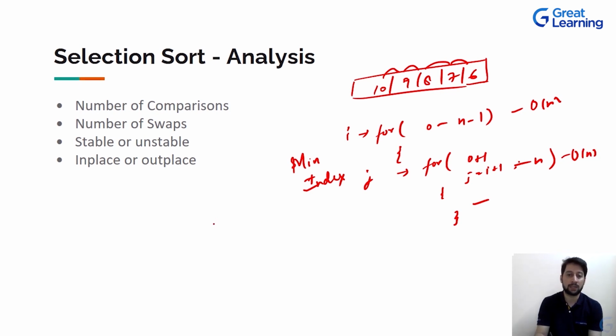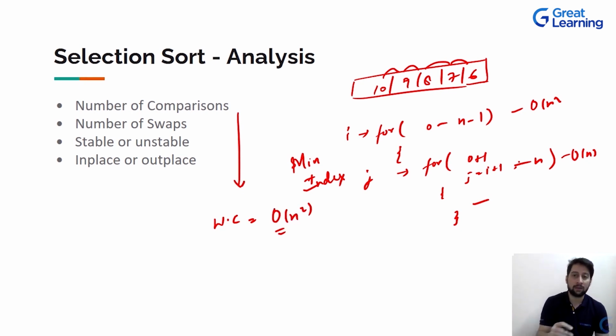In the worst case, the number of comparisons required will be big O of n square, because we are trying to find the minimum index in the entire array. And once we have that minimum index, later on we'll swap them. In the worst case, the outer loop will go from 0 to n, that means big O of n, and the inner loop will also go through big O of n, that means 0 to n.